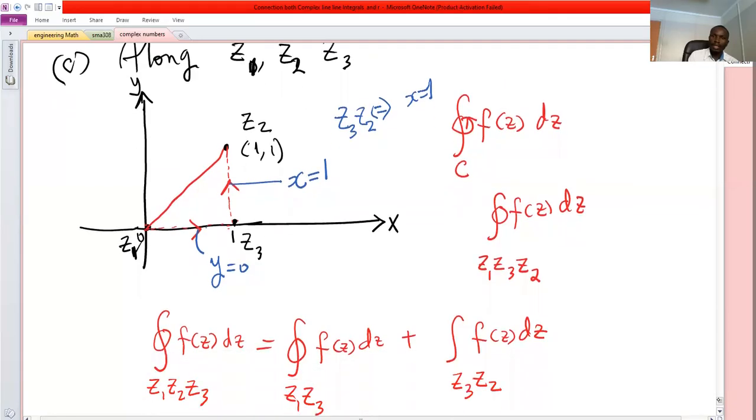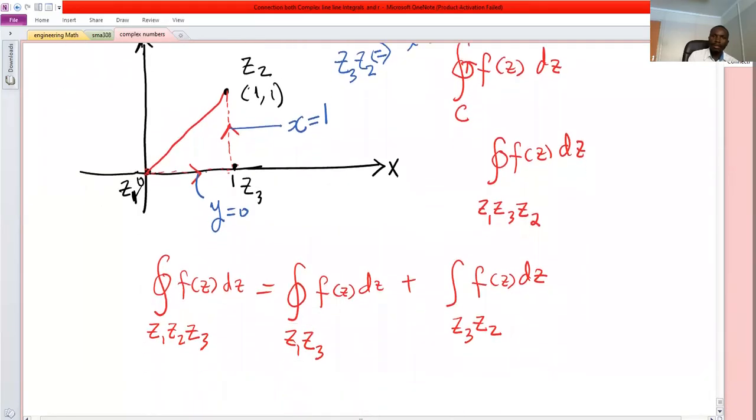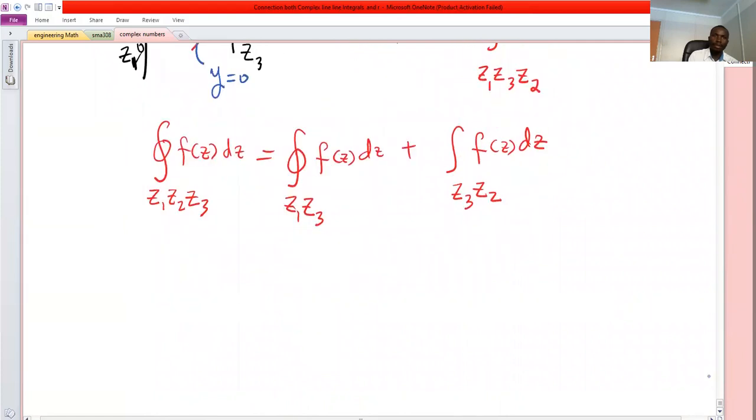Which tells us that to evaluate the first integral, f of z dz along the line z1 z3, we are working with the line y equals 0, that's the x-axis.